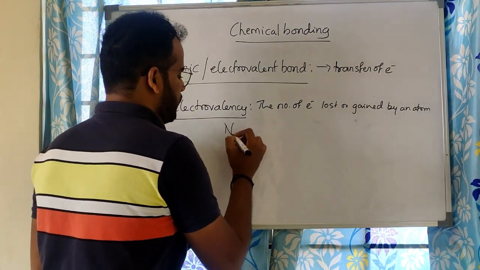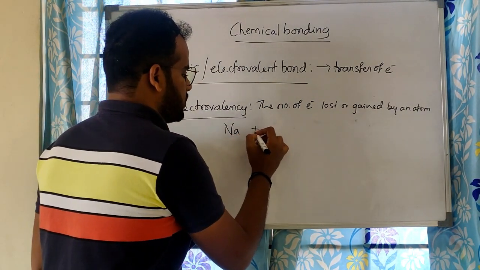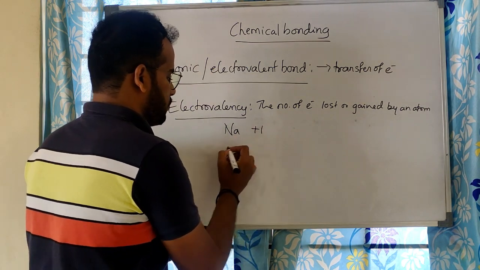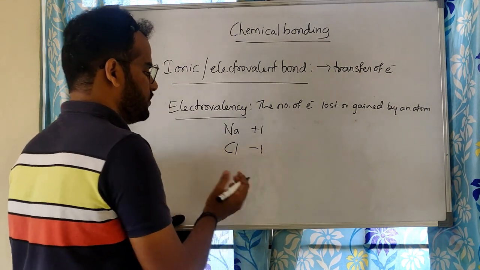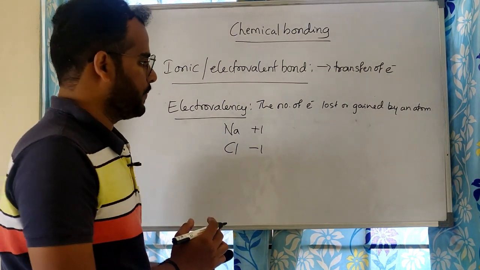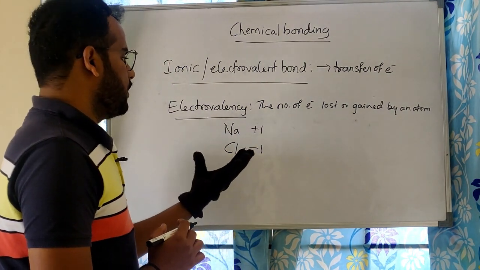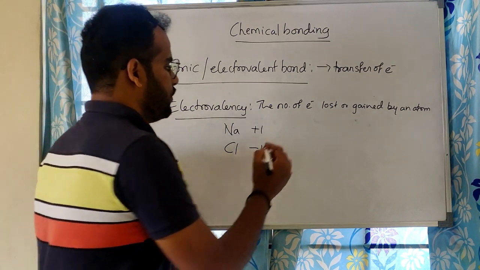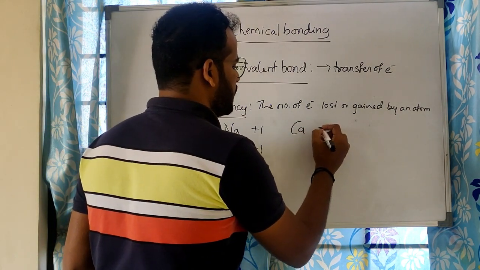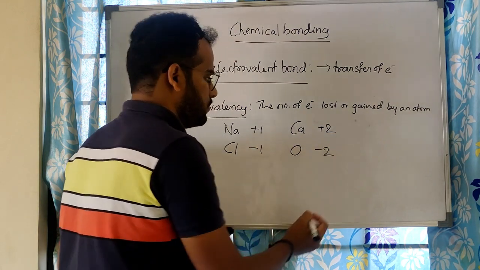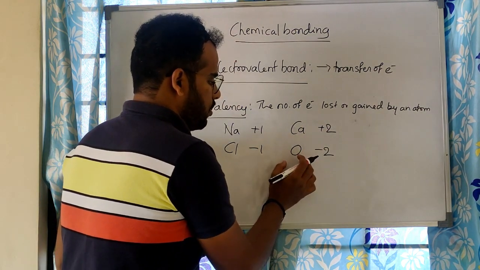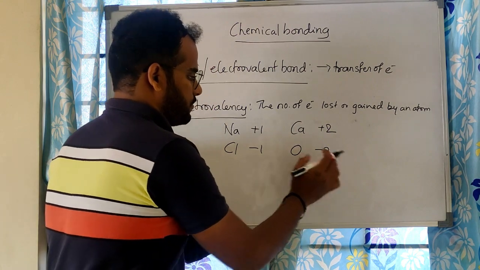For example, the electrovalency of sodium is +1 because it loses 1 electron. The electrovalency of chlorine is -1 because it accepts 1 electron. If you take calcium, its electrovalency is +2, oxygen's electrovalency is -2. Calcium loses 2 electrons, oxygen gains 2 electrons.